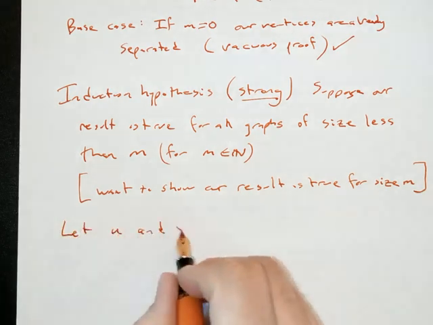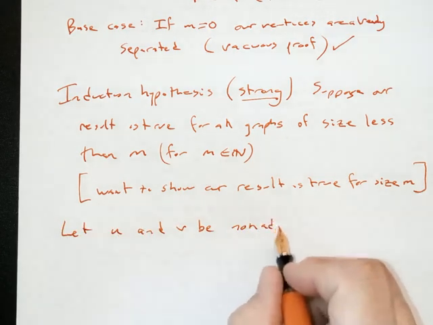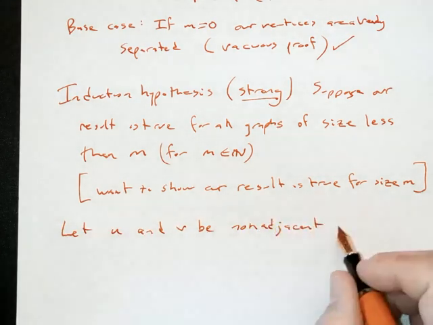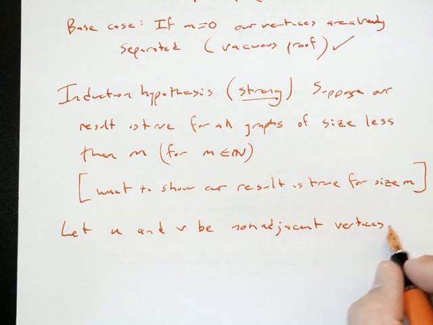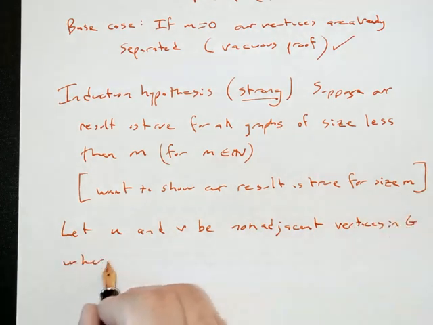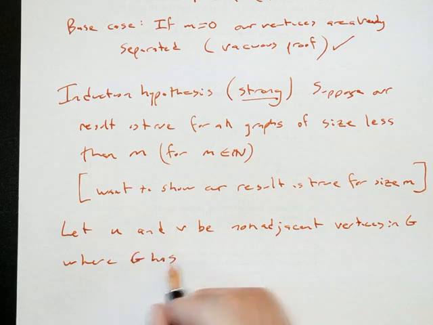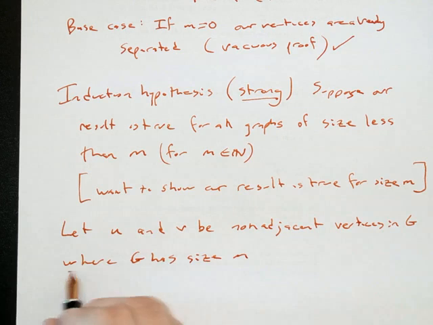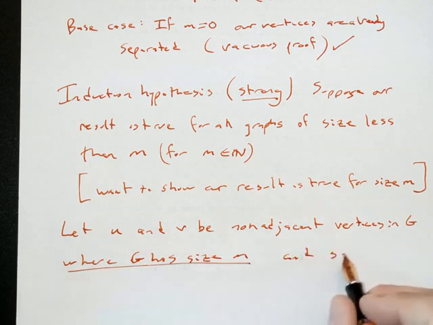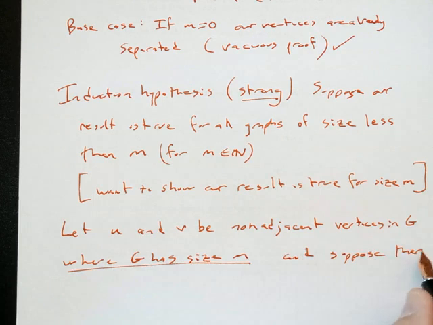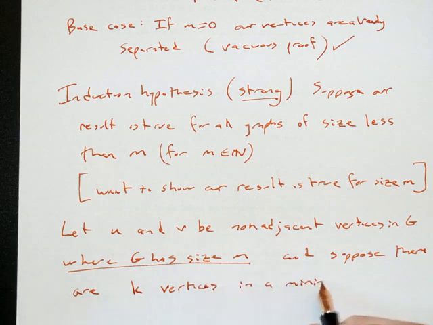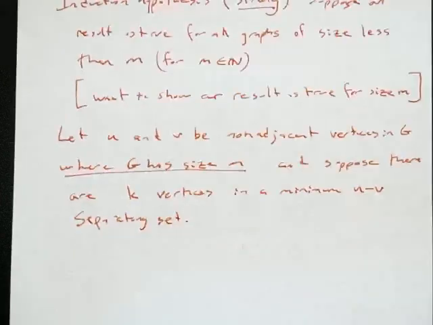Let U and V be non-adjacent vertices in G, where G has size M, and suppose there are K vertices in a minimum UV separating set.